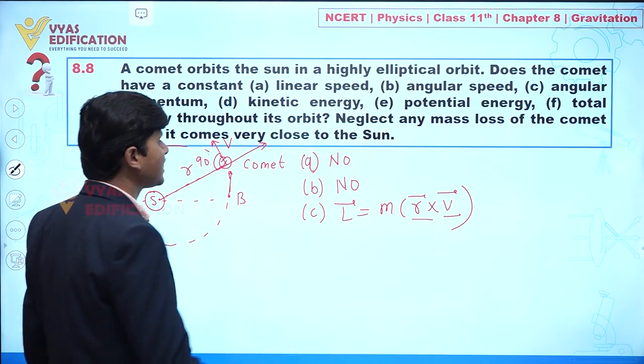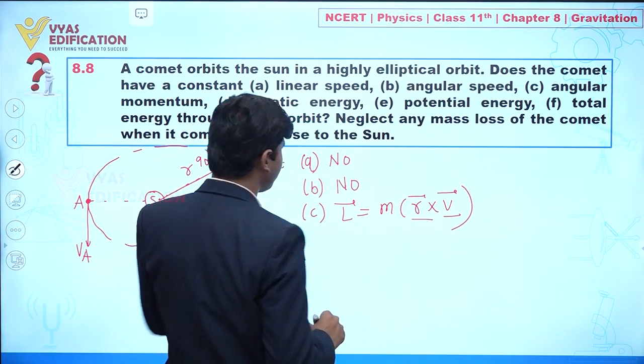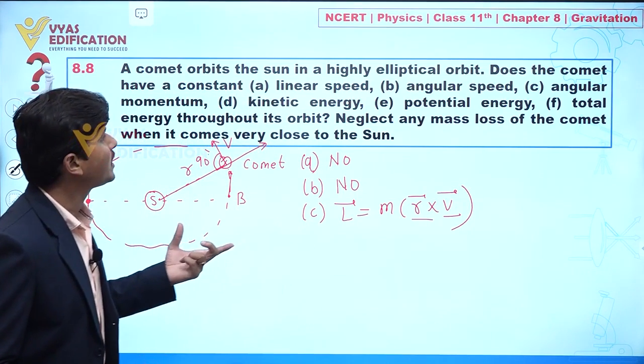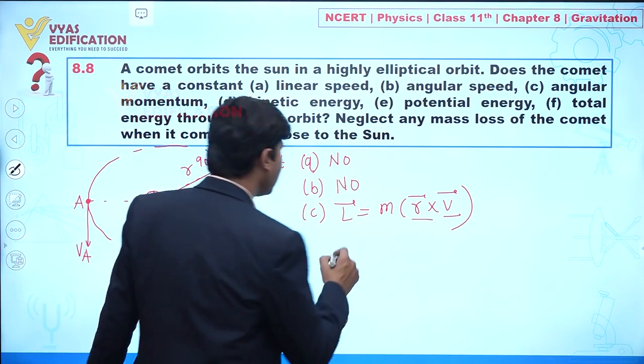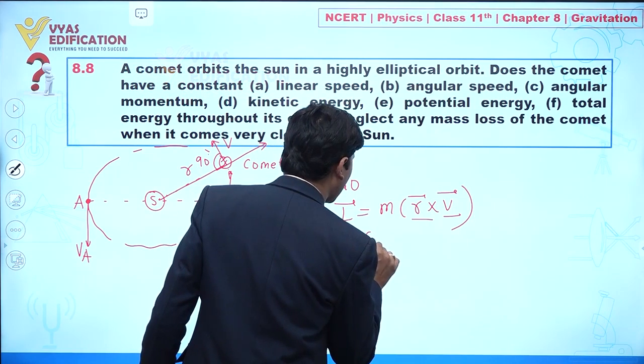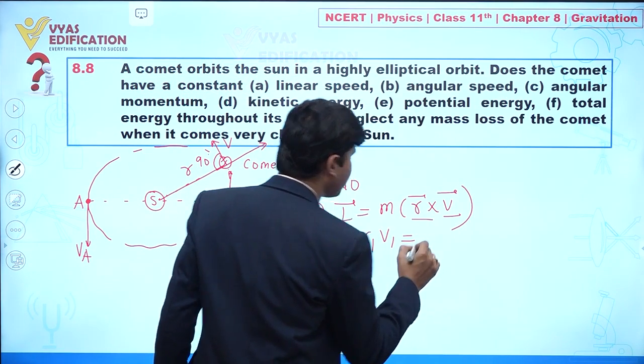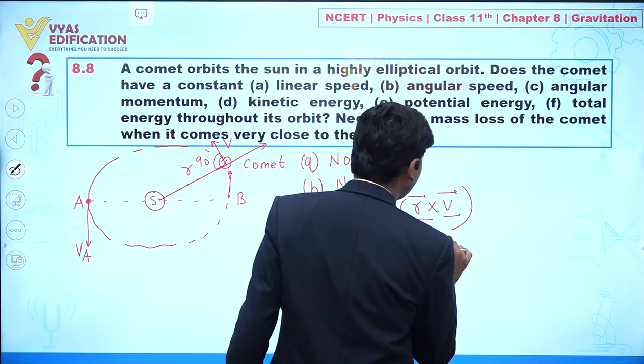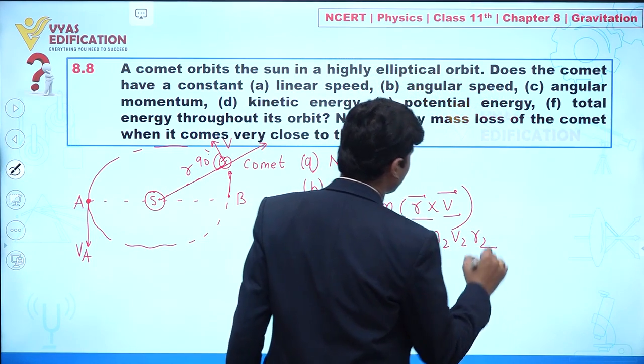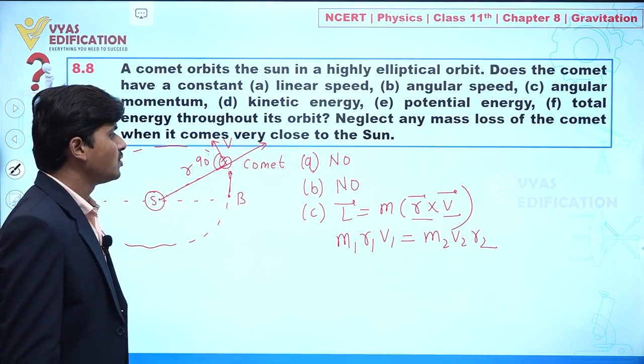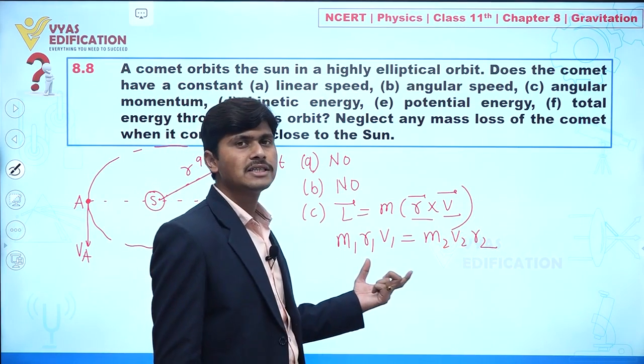So for angular momentum we can write m1 v1 r1 equal to m2 v2 r2. Clear to everyone? Magnitude wise it will remain the same.